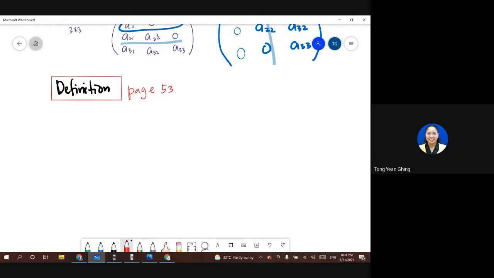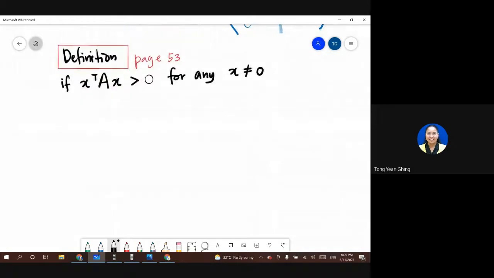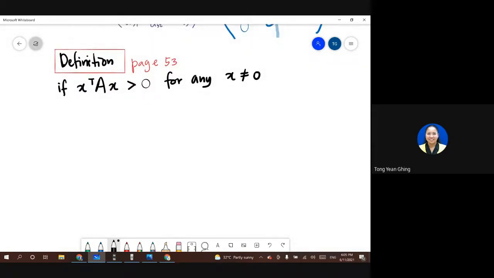It says that matrix A is symmetric positive definite if X transpose times matrix A times X is larger than 0 for any X not equal to 0. Let's try an example to check whether matrix A is symmetric positive definite.